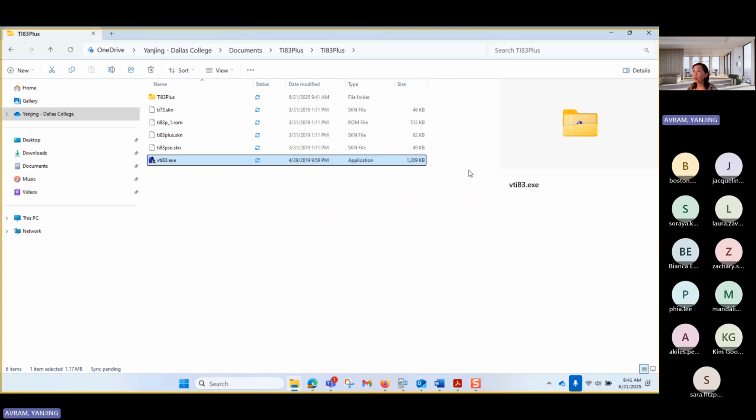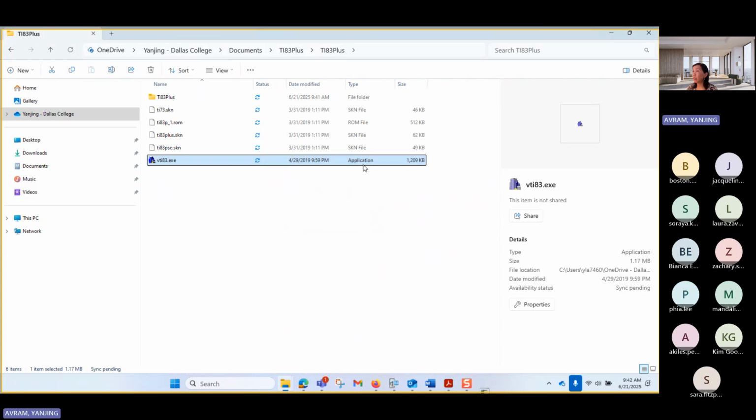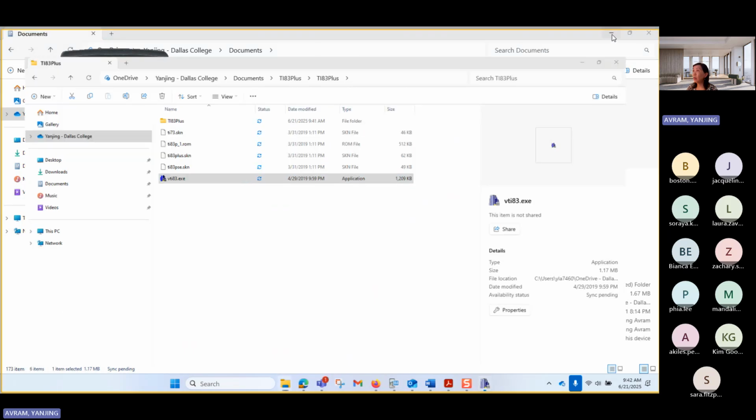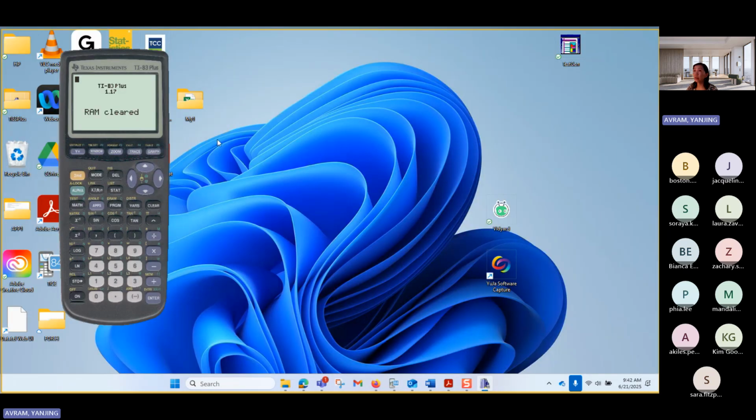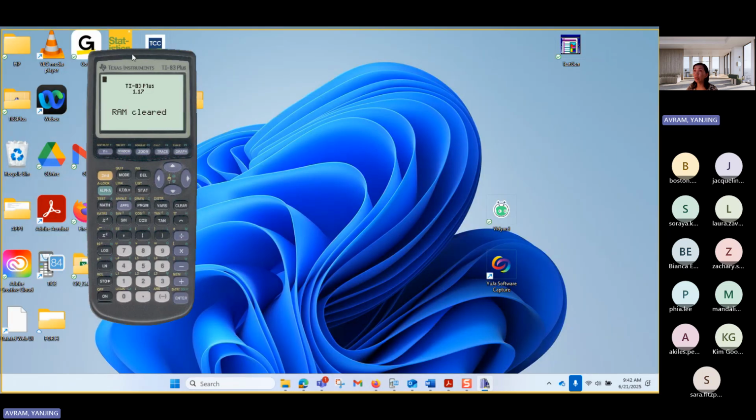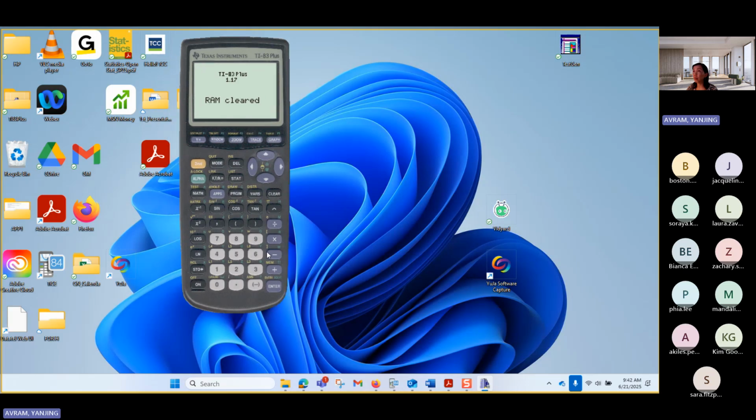I just want to show you that if you have a really old calculator, it still works, but with a little bit different interface. Not everyone will have the nice looking modern one. So this is a very old TI-83 calculator and it still works.